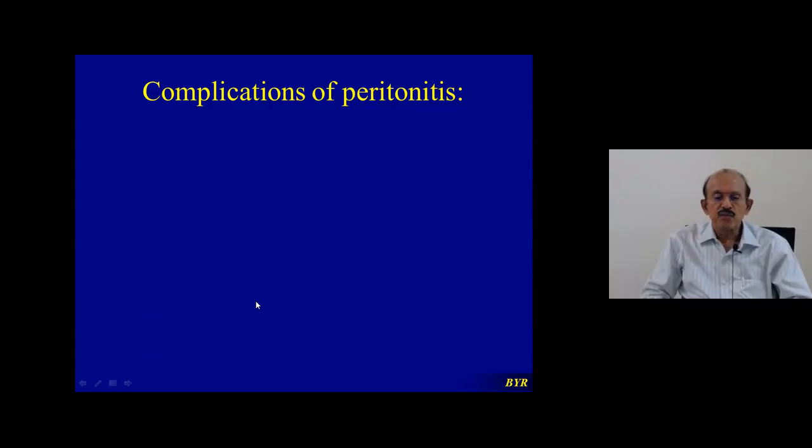To understand subphrenic abscess, you should first of all understand the anatomy of subphrenic spaces. So please refer to your anatomy book and read about subphrenic or subdiaphragmatic spaces. Then it will be easier for you to follow in tomorrow's class.